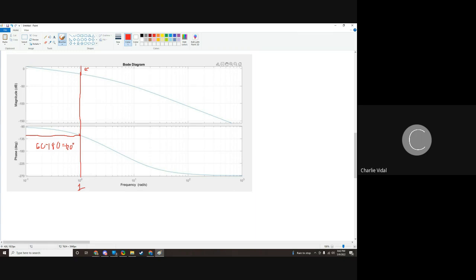In the work that I was originally doing, I put it at 0.75. So you can see how you can really mess up doing this problem, just because it's not as easy as doing it on the computer when you can zoom in. So we have it at 1. So this is going to be omega GC is equal to 1. After that, you put it at PM.